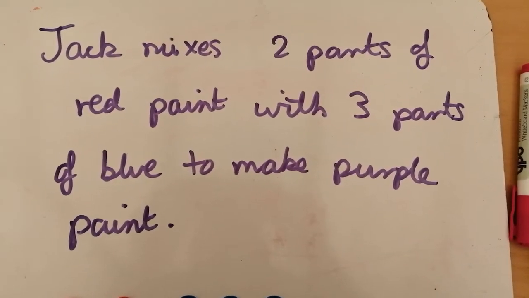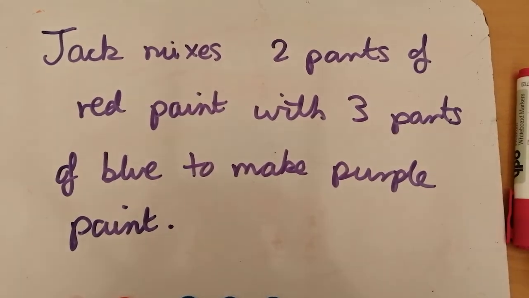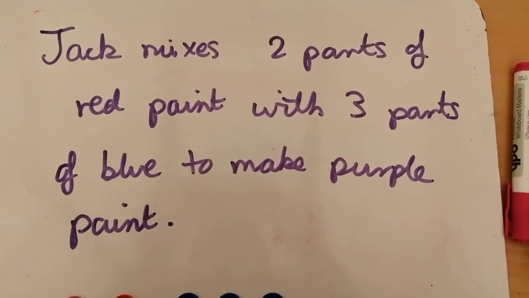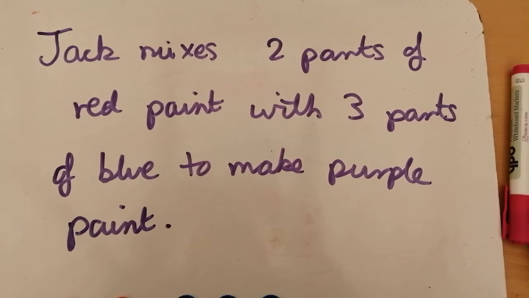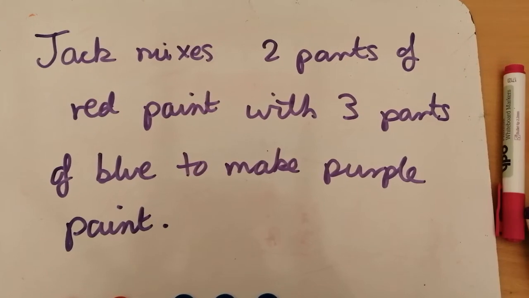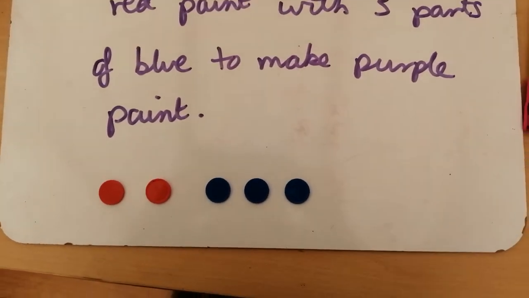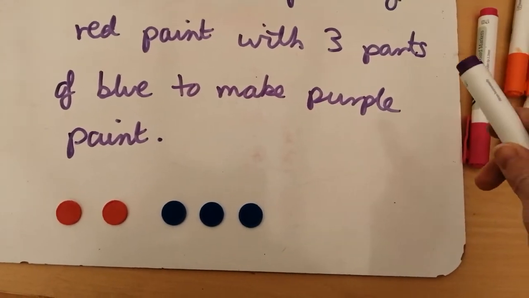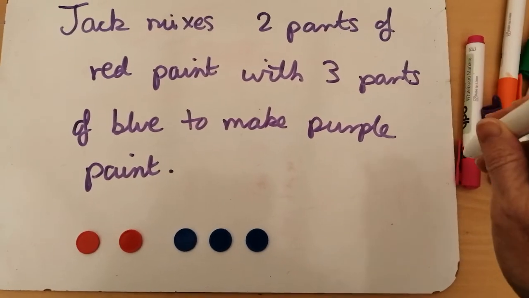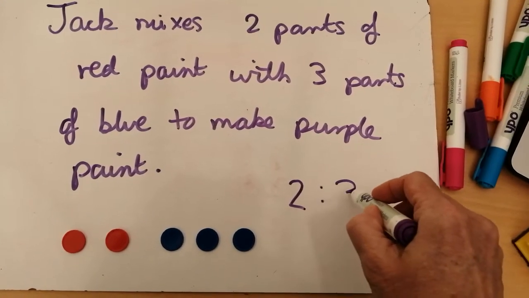Our next problem is Jack mixes 2 parts of red paint with 3 parts of blue paint to make purple paint. So maybe 2 litres and 3 litres, or 2 brushfuls and 3 brushfuls. I've represented that with some counters, and our ratio of red to blue is going to be 2:3.